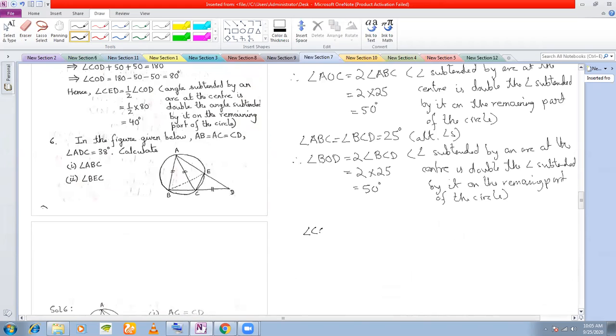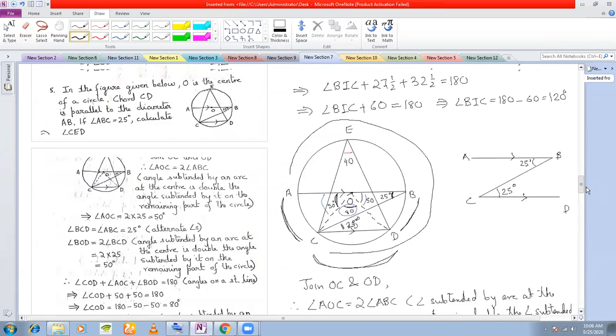Angle COD is equal to 180 minus 50 minus 50, which is equal to 80 degree, because they are angles on a straight line. So it's 80 degree. So therefore, what is the red marked angle here?